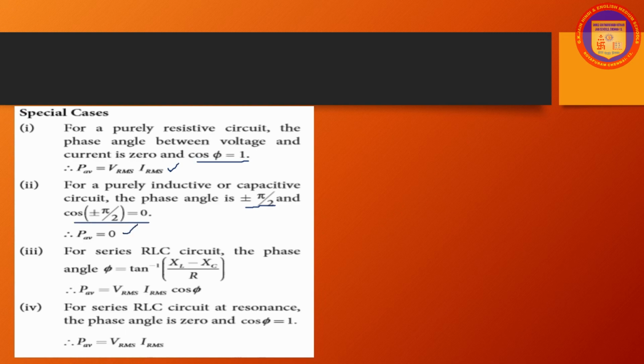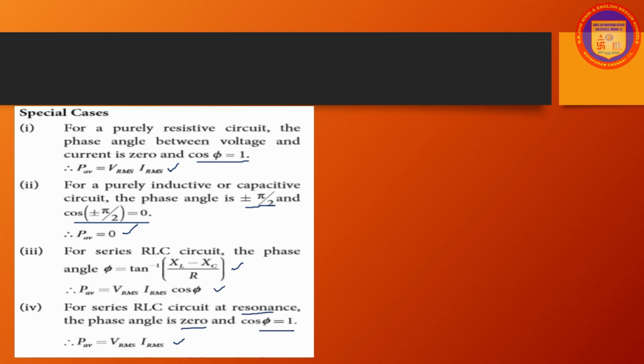For a series RLC circuit, the phase angle φ is equal to tan inverse of (XL minus XC) divided by R. So P average is equal to Vrms Irms into cos φ. For a series RLC circuit at resonance, the phase angle is 0 and cos φ is equal to 1. So we'll get P average is equal to Vrms Irms.